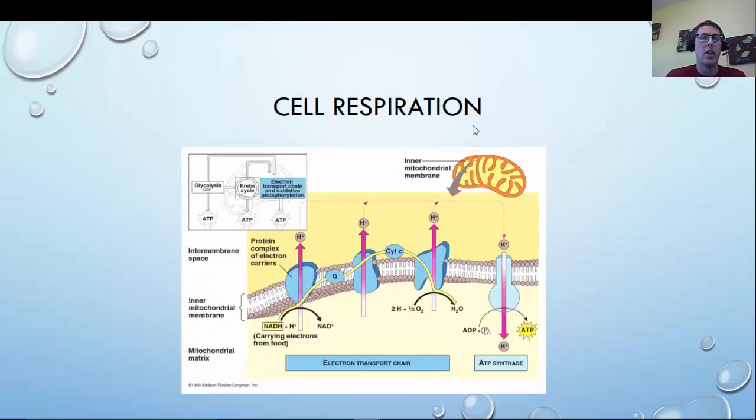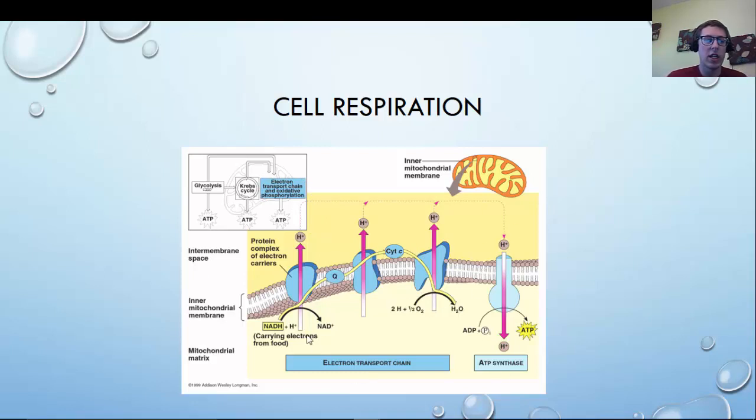Cell respiration. You don't have to memorize every single step, but it's good to know what the most important steps are. And remember, it's occurring in the mitochondria. And the most important part of cellular respiration, where you get the most ATP for your buck, is the electron transport chain and oxidative phosphorylation.